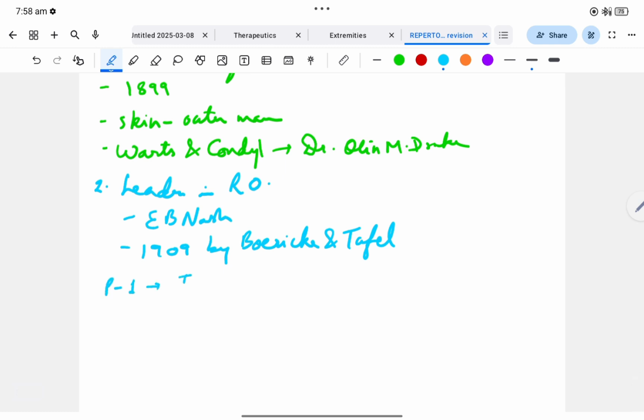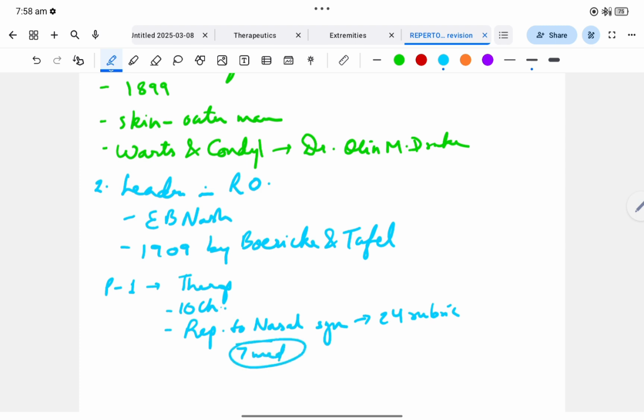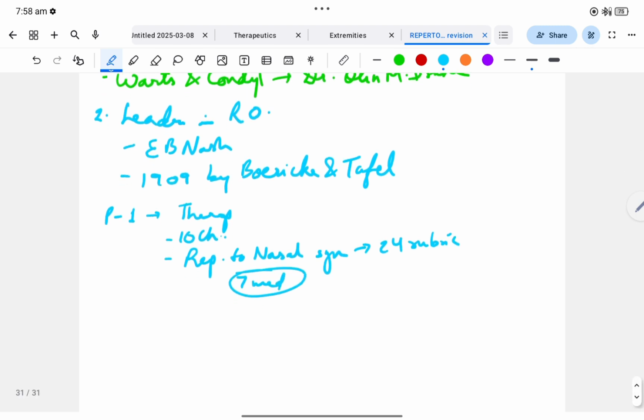Part 1 contains therapeutic part which has 10 chapters, and there is a repertory under this part, that is repertory to nasal symptoms, which has 24 rubrics, and under each rubric only 7 medicines are mentioned. That is maximum 7 remedies are mentioned, not more than that.